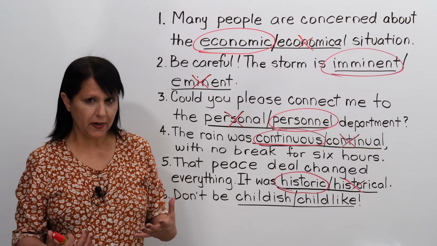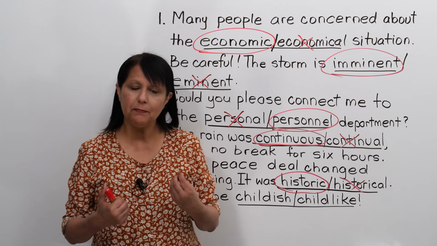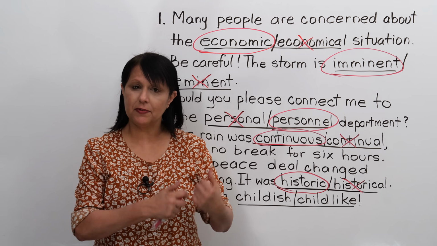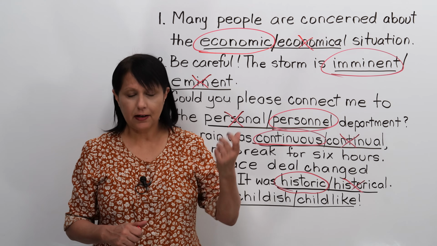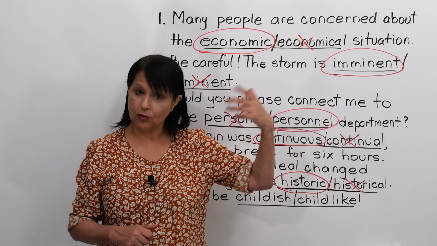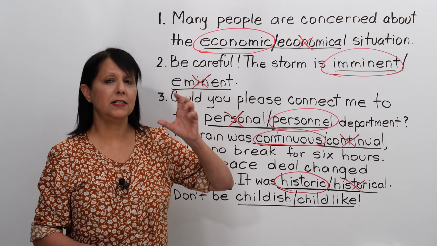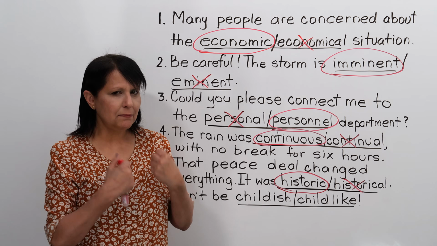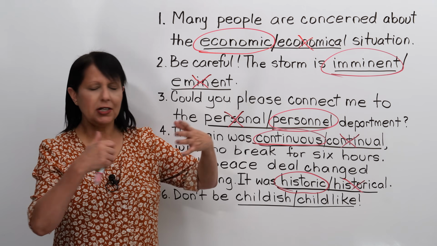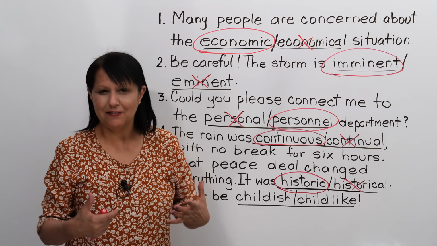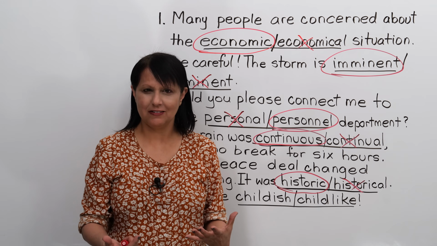It was historic. So historic is used to talk about something that happened either in the past, it could also be in the present, or maybe even in the future, okay? But it's something important in history. Something important. Like here, we said it changed everything, so it was obviously a very important peace deal.